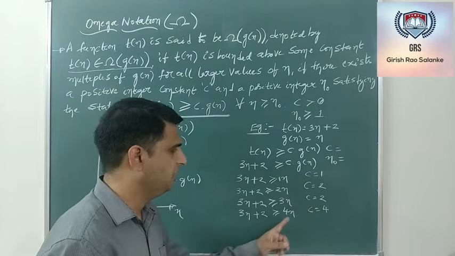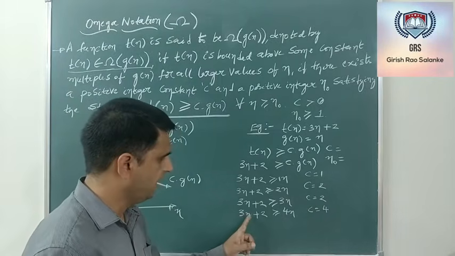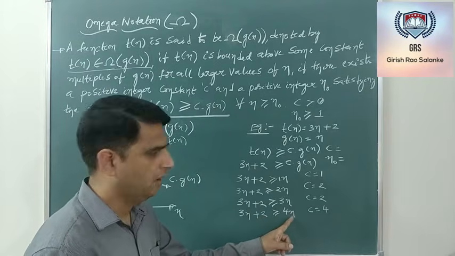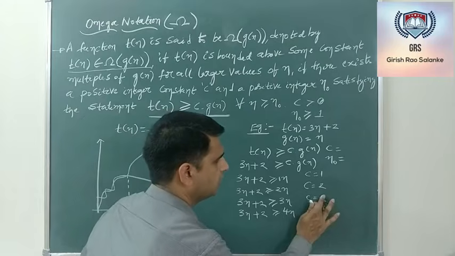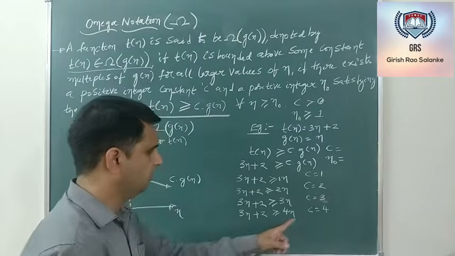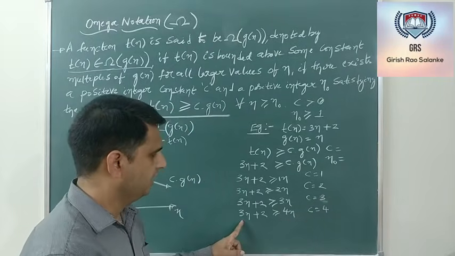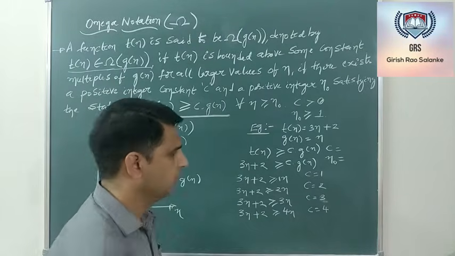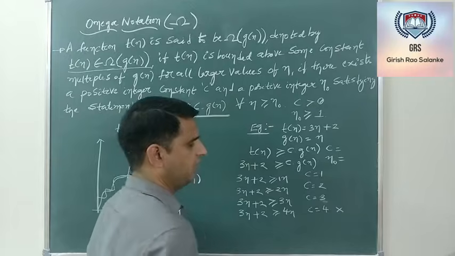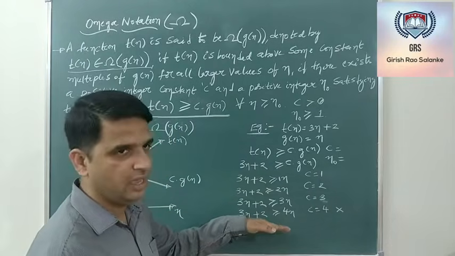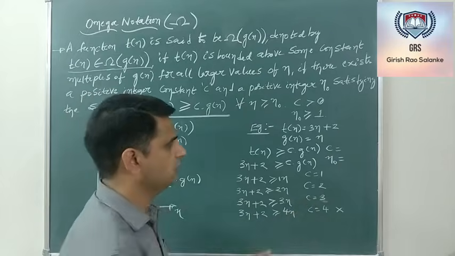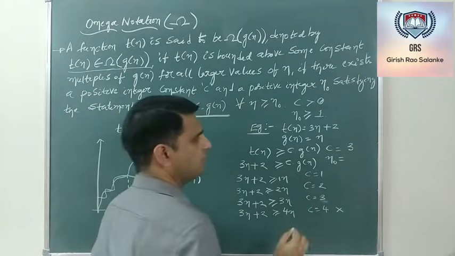Sorry, this was 3 and this was 4. At this moment, 3n plus something is not greater than or equal to 4n. So this fails. The nearest value of c which is true is c equals 3. So in this case, my c value is 3.